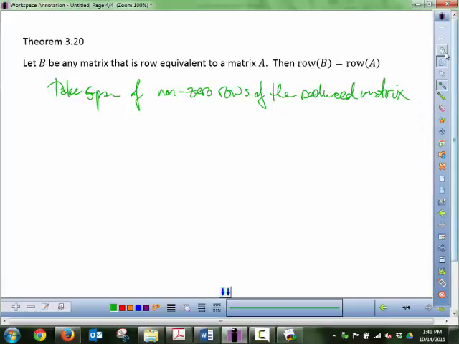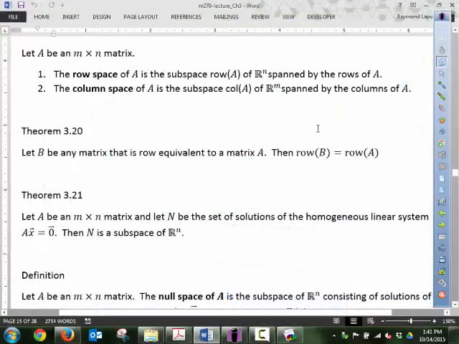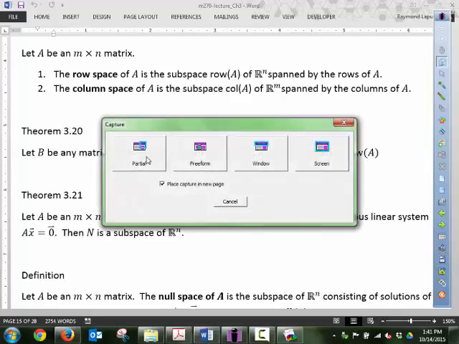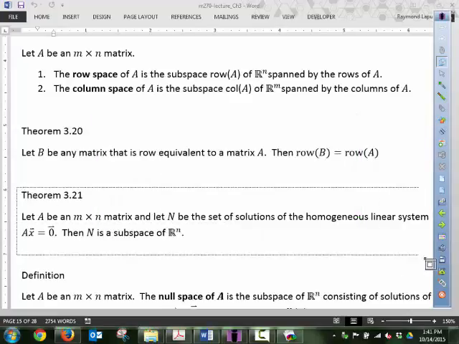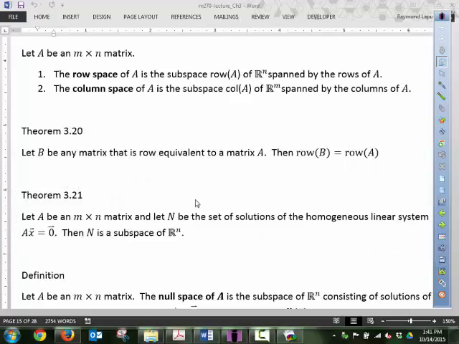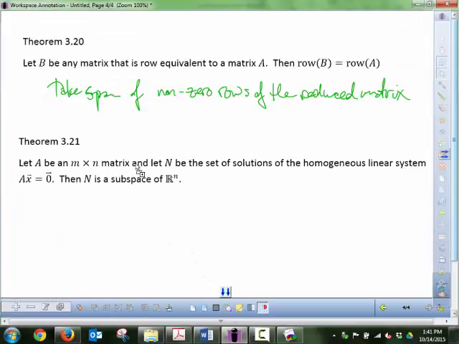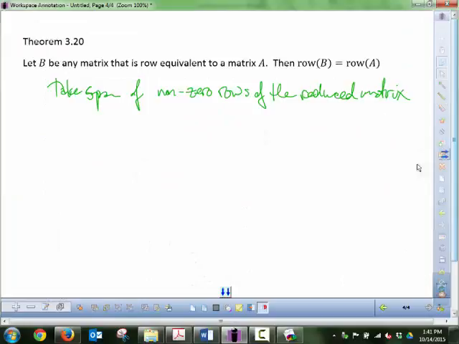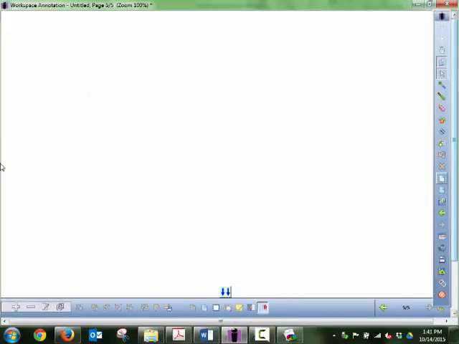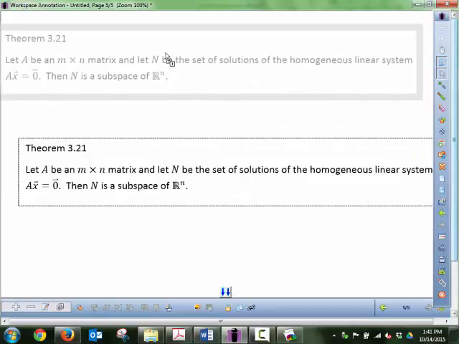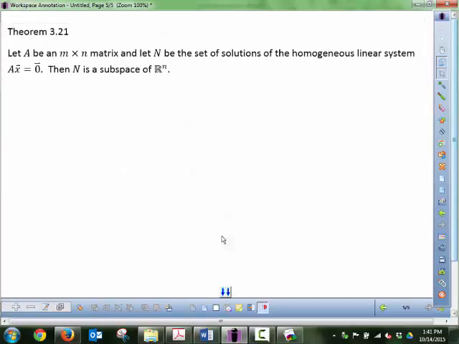All right, another theorem. If you have an m by n matrix, we've done these systems where we set it equal to 0 and we solve for them, right?